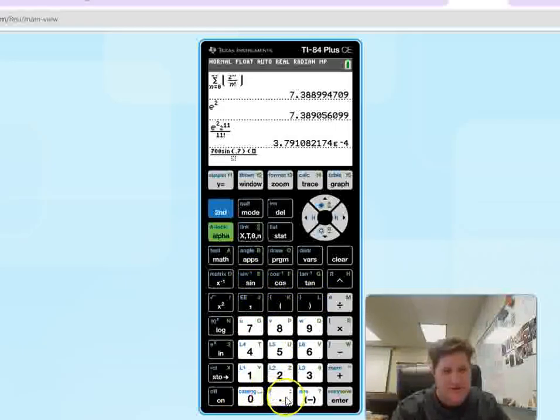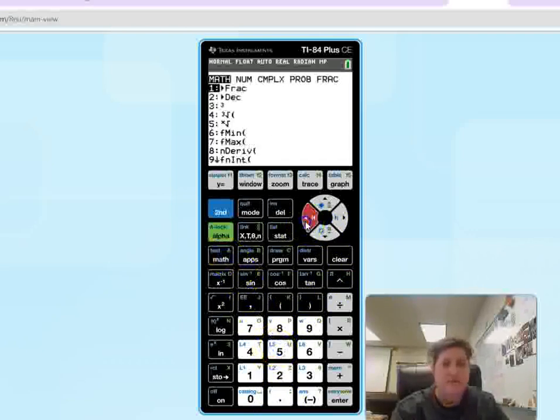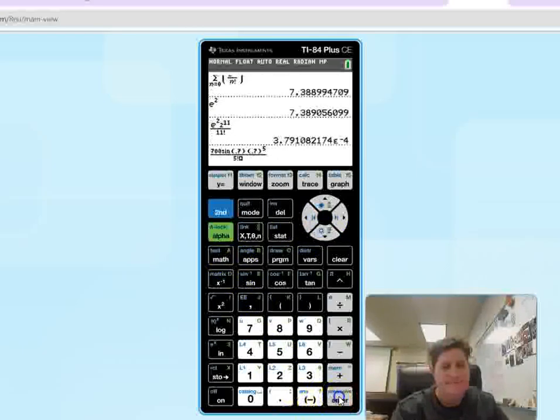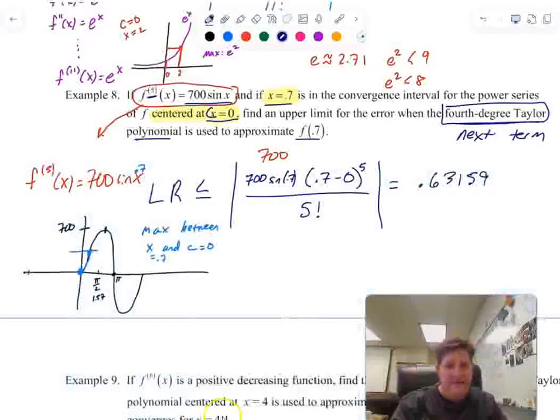And then it's 0.7 to the fifth over 5 factorial. Okay. And this is not a very good error bound, like it's within 0.63159. That's not amazing, but there we go.